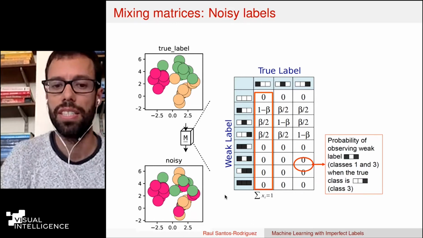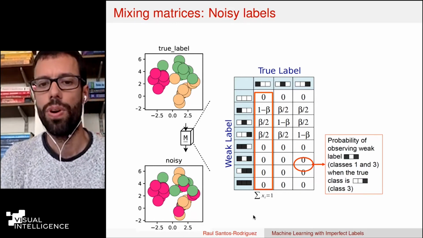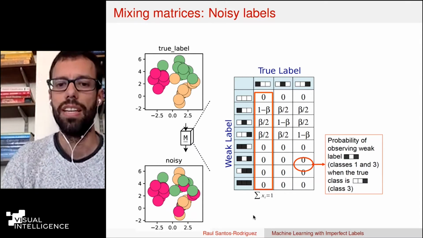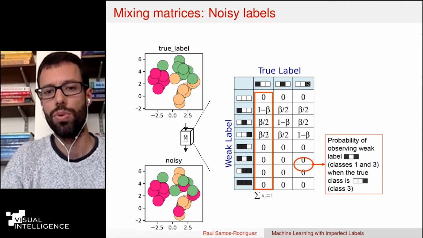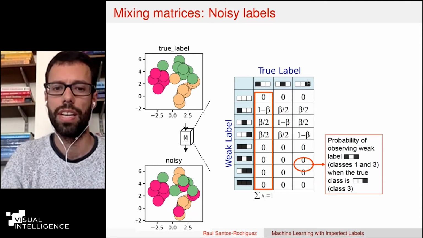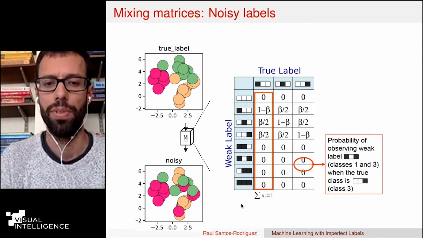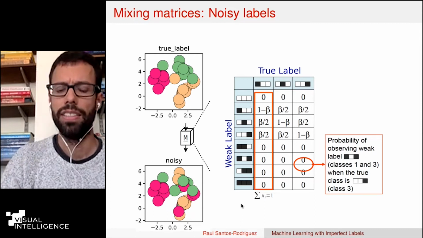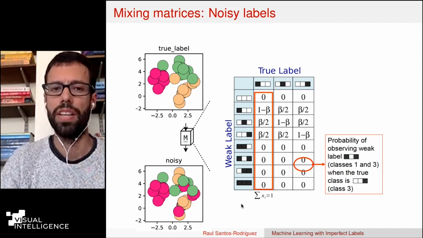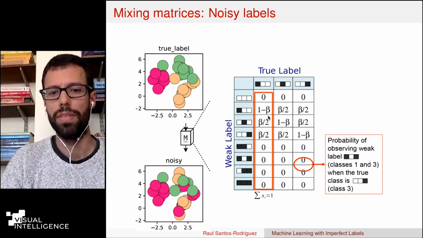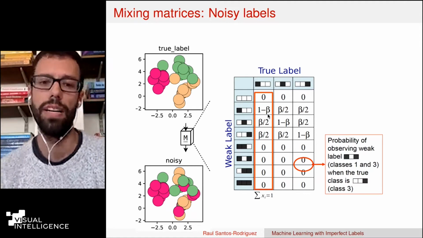If I summarize this as a mixing matrix, what I have is an object that in the columns has the true labels, so 3 in this case. In the rows, I have all possible weak labels. And to incorporate this idea of noisy labels, we have a parameter beta.